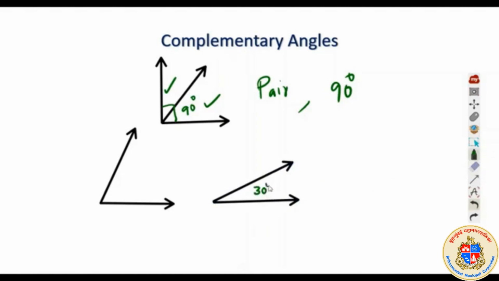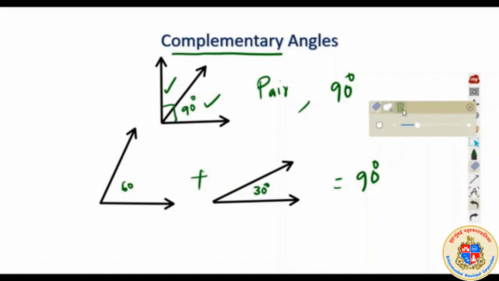If you sum the measures, that too becomes 90 degree, and it comes under the category of complementary angles. This is the second type of pair of angles you studied in the last class.